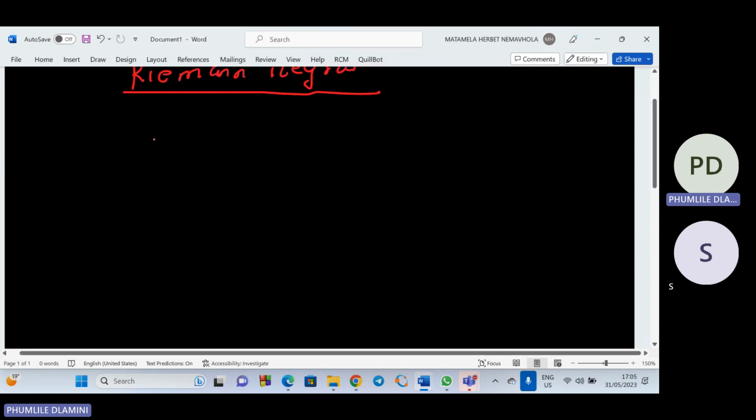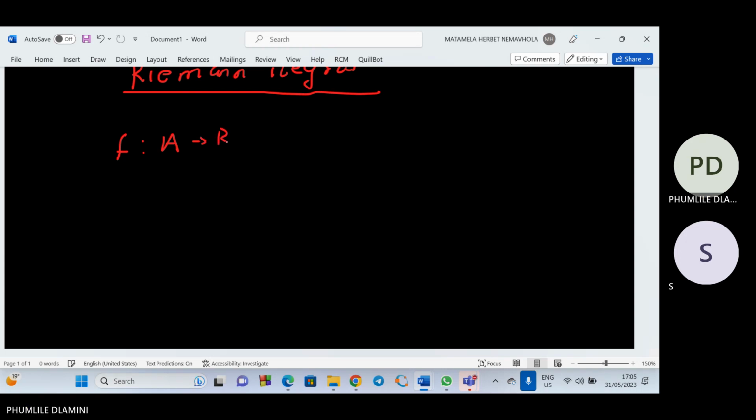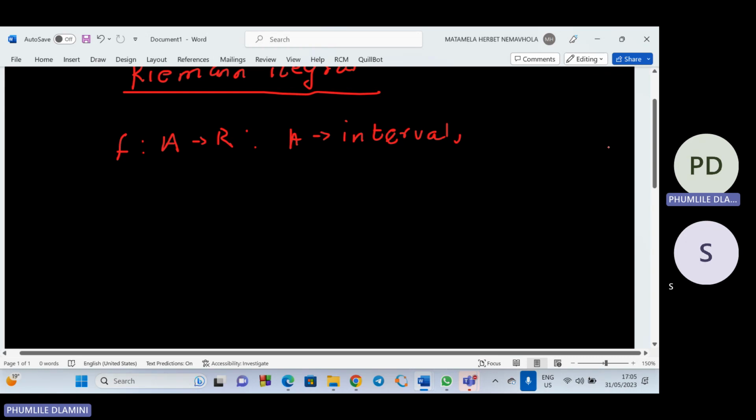If you are given a function f mapping from A to the real numbers, then this A is an interval, and this function is differentiable.